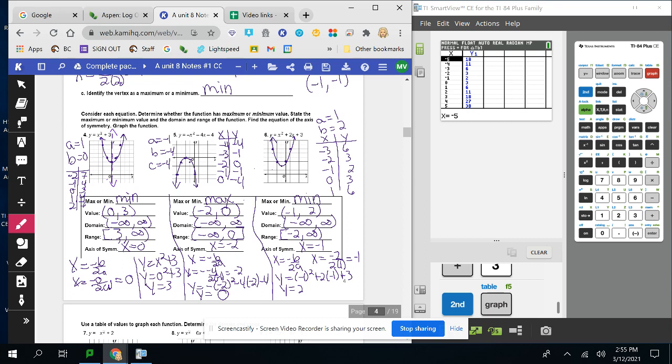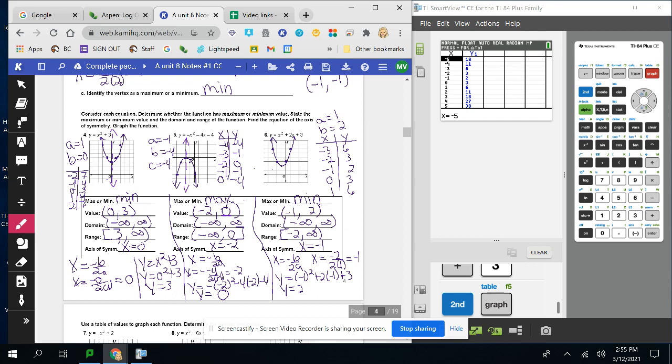So when I did that, my axis of symmetry is x equals -2, which if I graph that again, it is the line that I could fold my parabola in half over. My domain is -infinity to infinity. My range goes from -infinity up to 0. And that's because it's a maximum. And notice the 0 is the y value in my vertex.